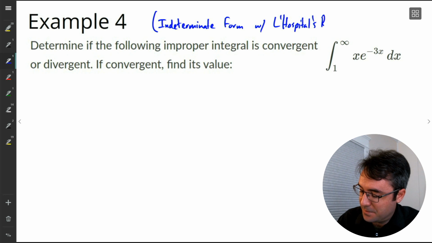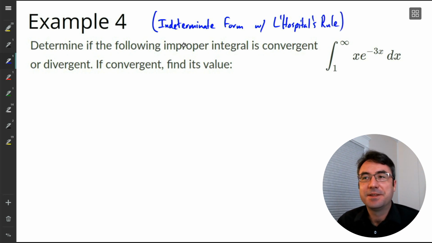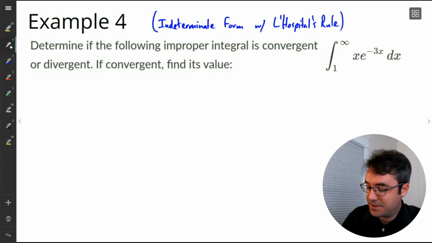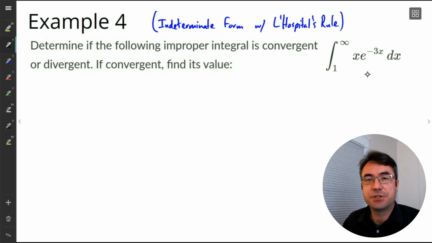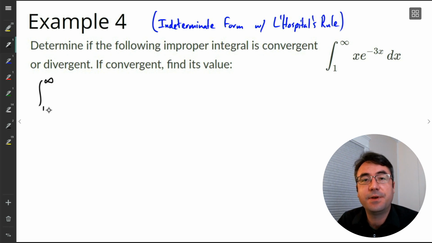So all of those, remember, all those Calc 1 limit techniques that we learned and indeterminate forms that we've seen, we can still use those where applicable. So let's start by, this is just one of our right improper integrals. So very first step, we're integrating over the interval from 1 to infinity.